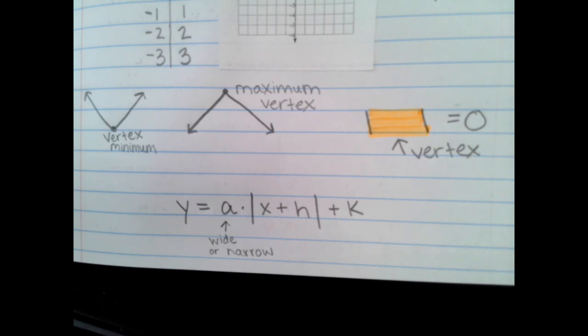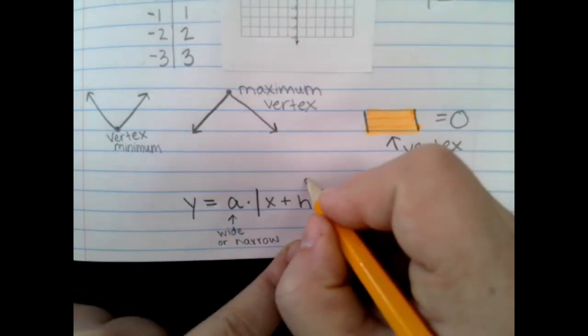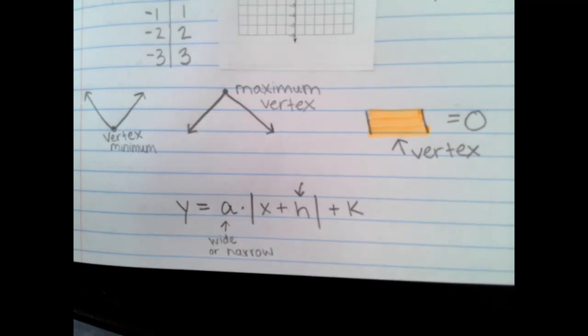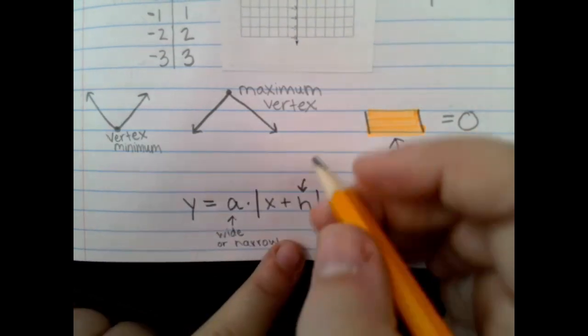Okay, the h has to do with the x. It's grouped in with the x. So which directions does our x move? Side to side, yeah, left and right. This one that's goofy is because it's in the absolute value signs, it's opposite of what we normally think of.